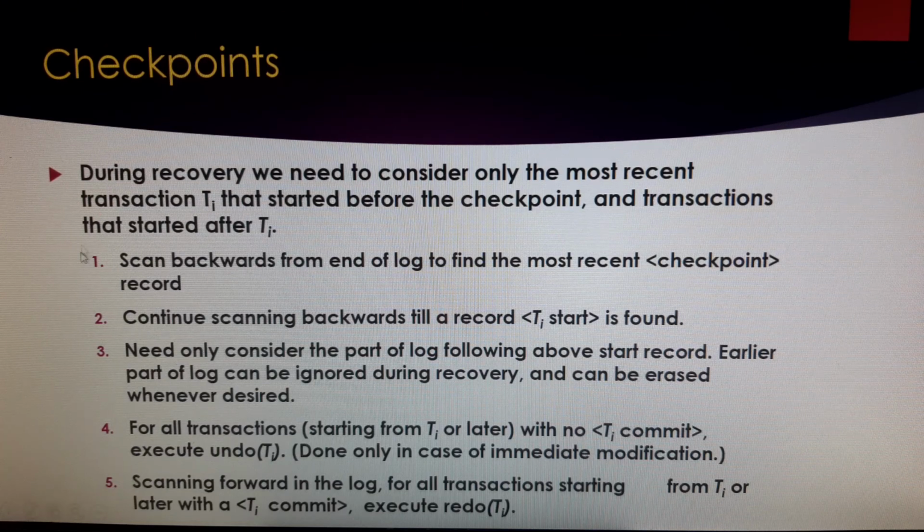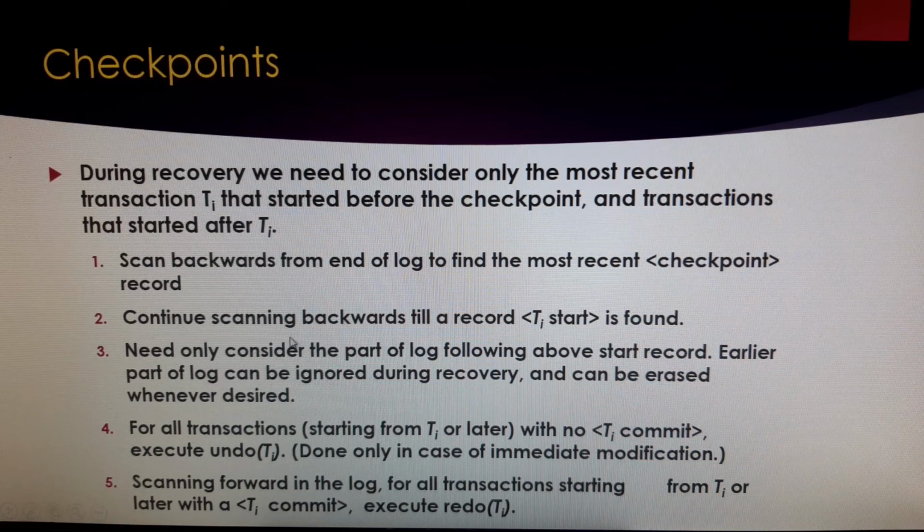Now observe how you define the checkpoint. If all the log records are specified here, you start from the last transaction, that is, you scan backwards from the end of the log to find the most recent checkpoint.